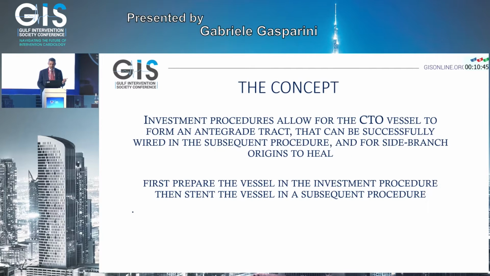This investment procedure allows the CTO vessel to form an antegrade pathway, an antegrade tract that can be successfully wired in a subsequent procedure, and also lets the side branch region heal over time. So the concept is to first prepare the vessel in the investment procedure, then stent the vessel in a subsequent procedure.